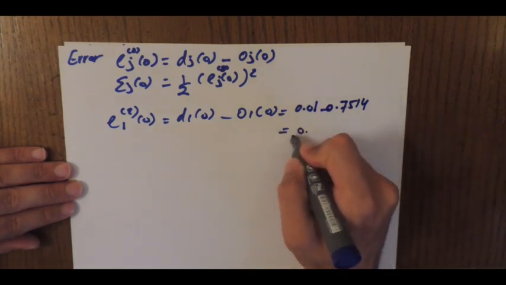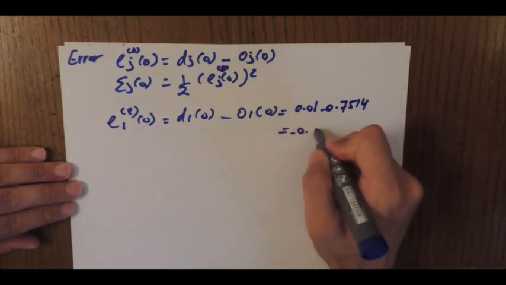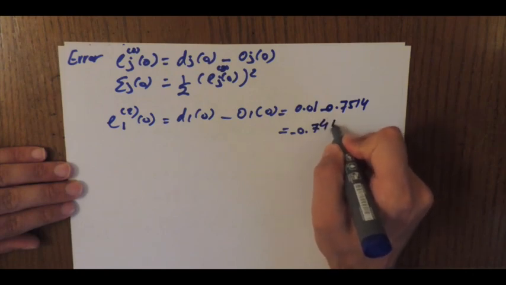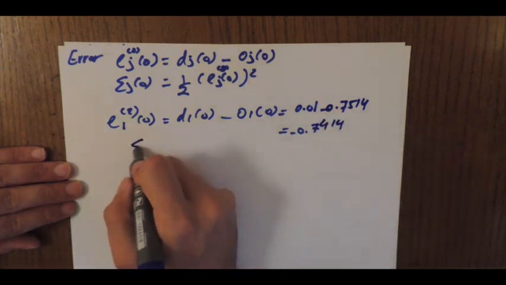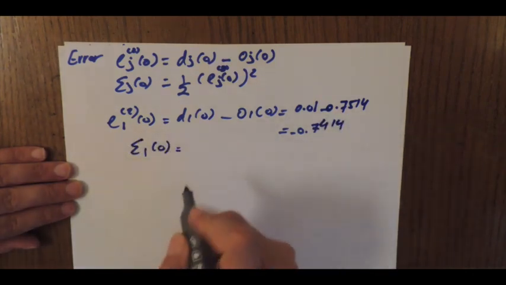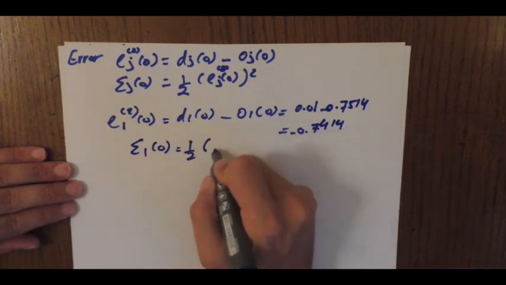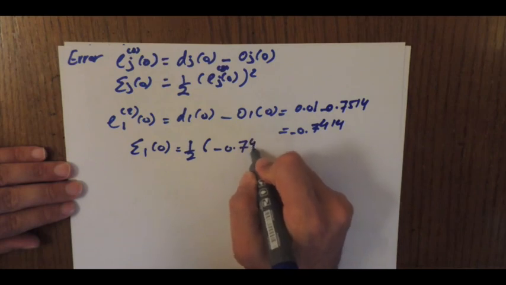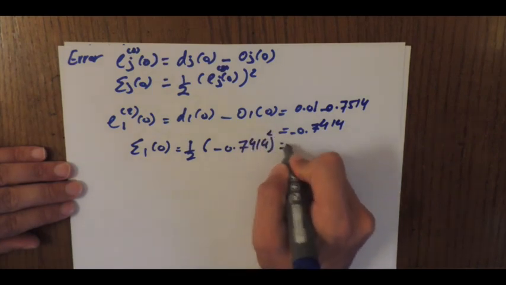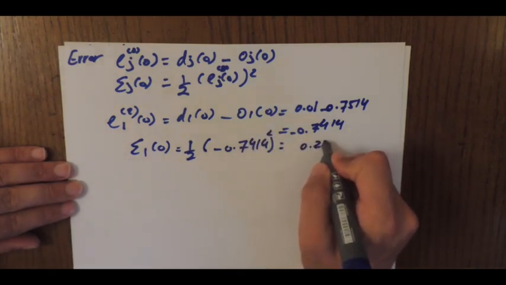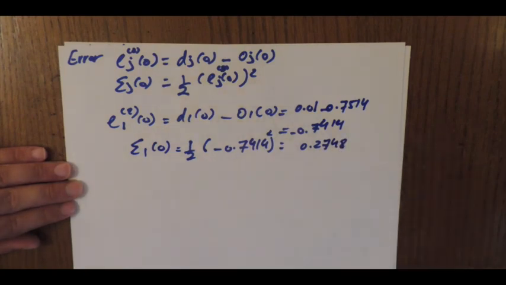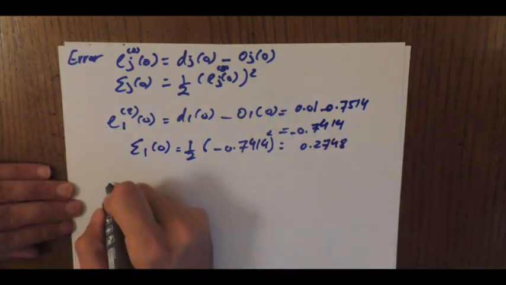So we have 0 minus 0.7414, and E1 of 0 is equal to half of minus 0.7414 squared, which is equal to 0.2748.